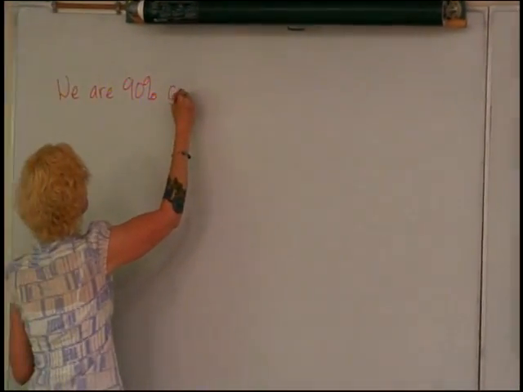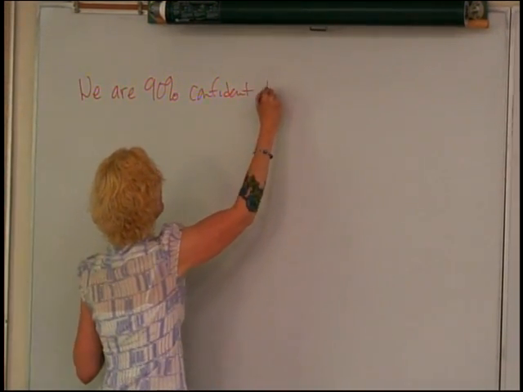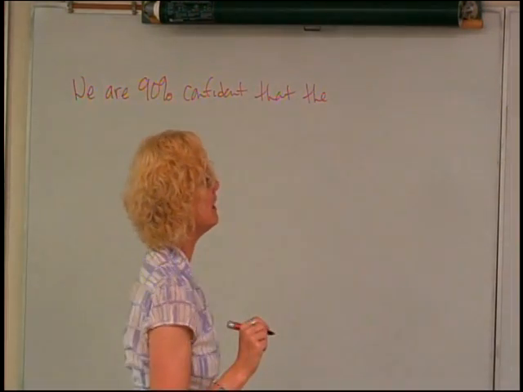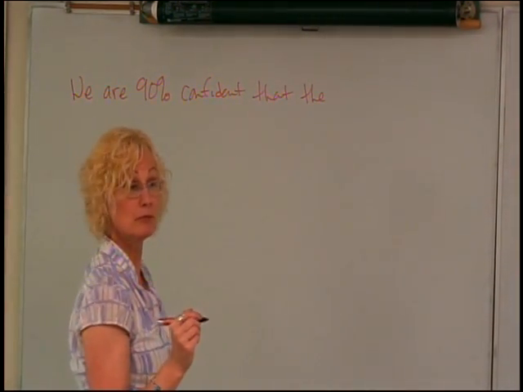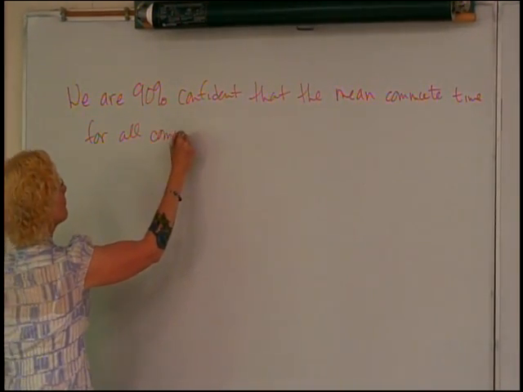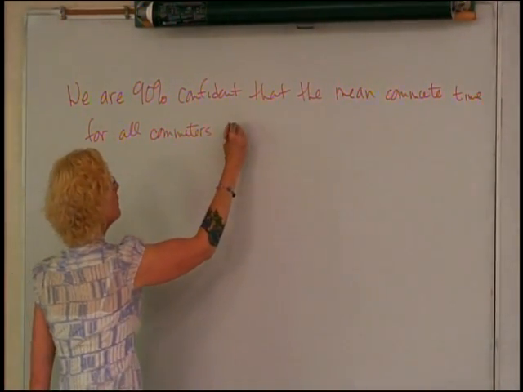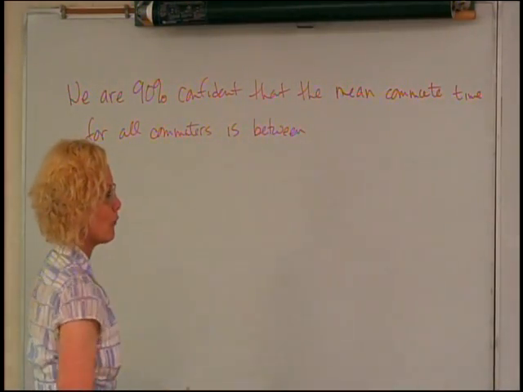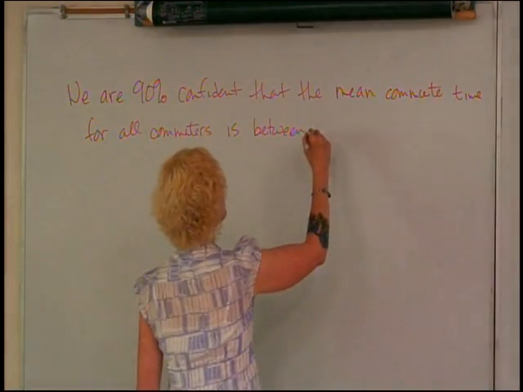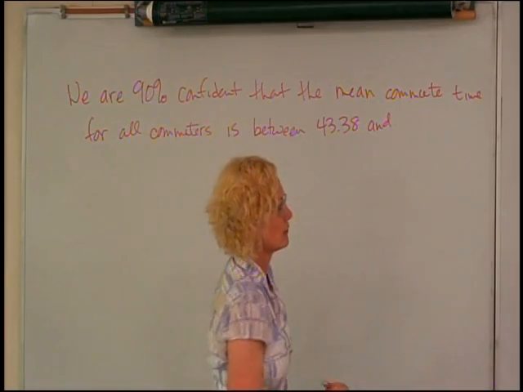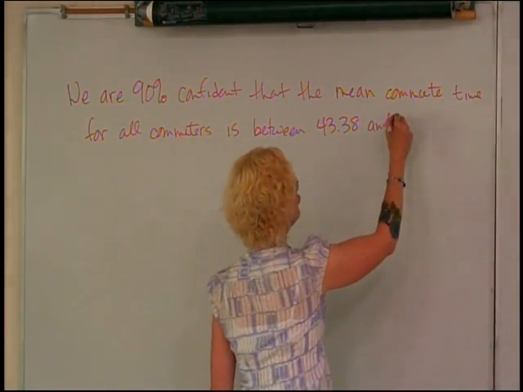We are 90% confident that the mean commute time for all commuters is between 43.38 and 47.82 minutes.